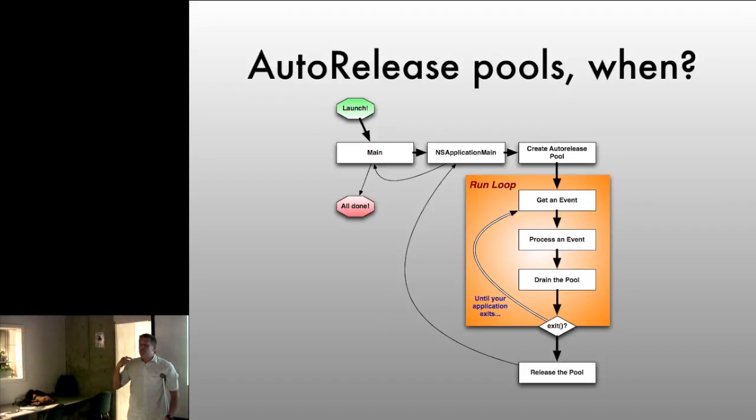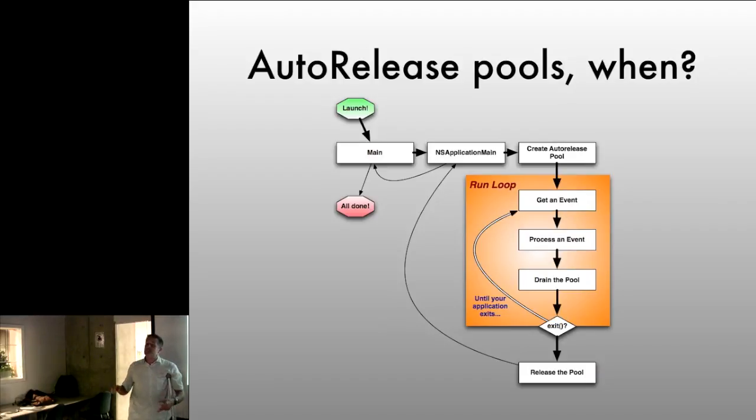Then an OS X application goes into what's called the run loop, and you're going to see this more and more often as we start talking about things like timers and controllers. You'll see this in later labs. But for now, you can think of it as a general black box where your program just sits in a loop waiting for events to happen, waiting for network traffic to come in, waiting for the mouse to move, waiting for the keyboard to be pressed, waiting for trackpad events, gesture events.